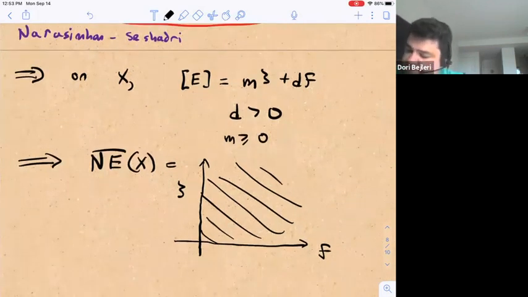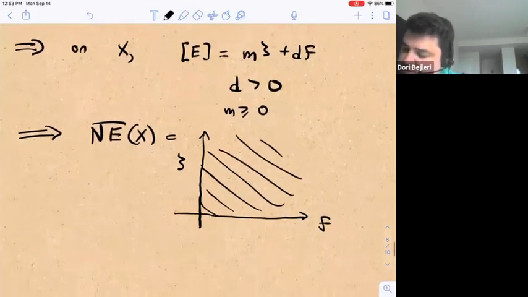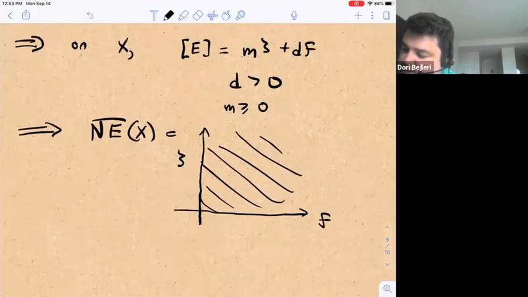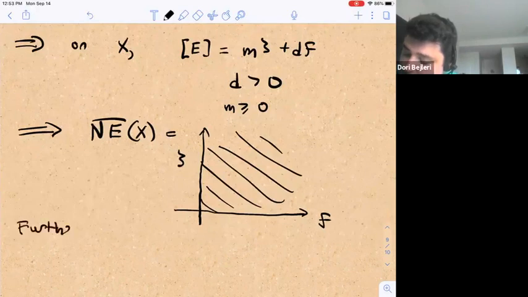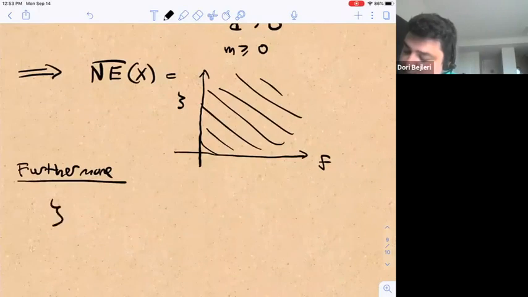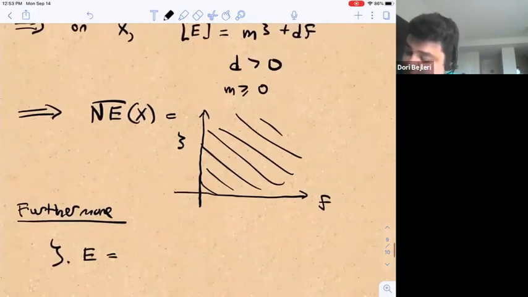But now that we know these effective classes, we can also check the intersection of psi with E. By our intersection pairing, that has to be D, which is greater than 0.